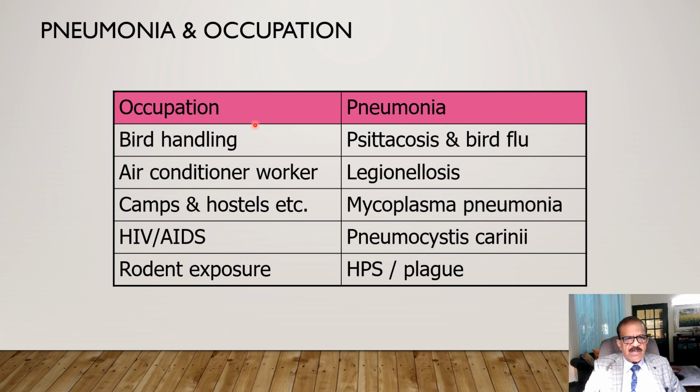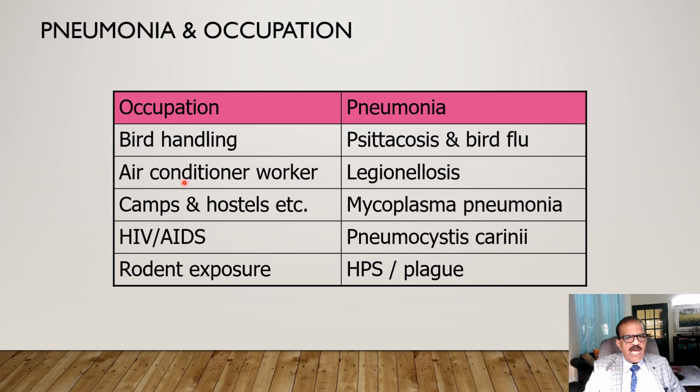Now these are some examples, some pneumonias which occur in some specific occupations. Because of the occupation, we can make a guess. For example, bird handling: if the patient's occupation is bird handling, that patient may develop psittacosis or bird flu. Of course, that individual can also develop simple community acquired pneumonia.